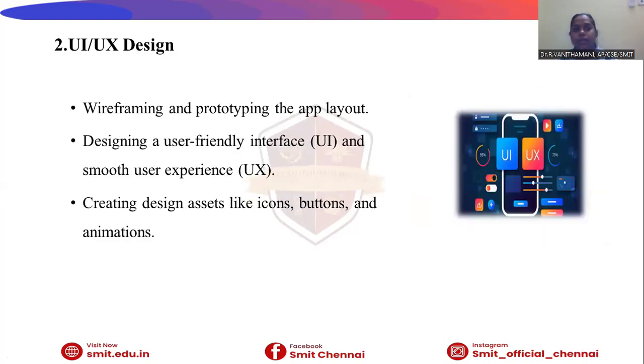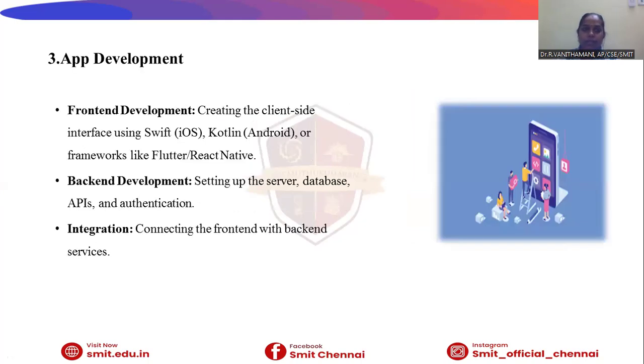Wireframing can be done in UI design. Wireframing and prototyping create the app layout, designing the user interface and a smooth user experience. Then we create the design elements like icons, buttons, and animations.